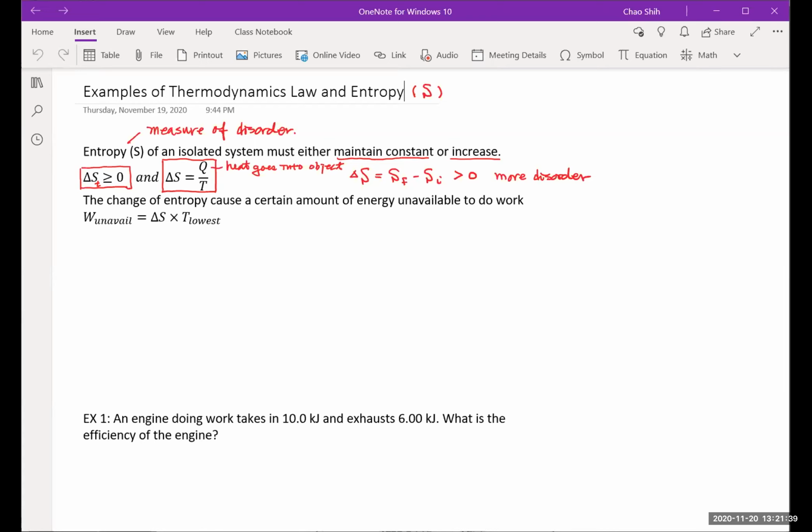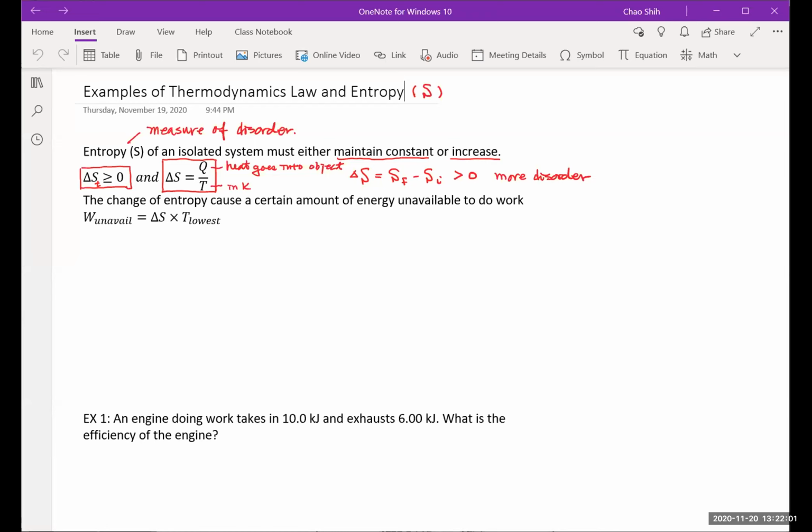If heat is added to the object, this one is positive. If you remove heat from the object, then this heat will be negative. This T over here represents temperature, but it's temperature in Kelvin. It's not in degrees Celsius, it has to be in Kelvin. So pay attention to this.